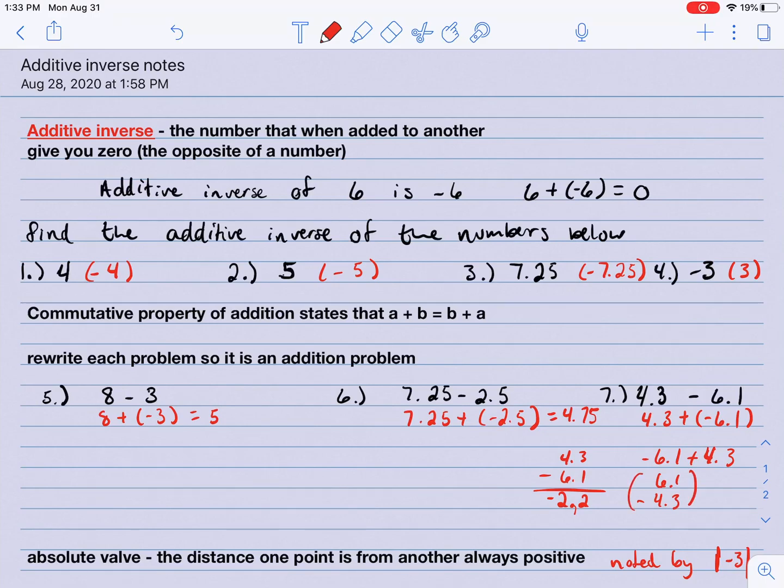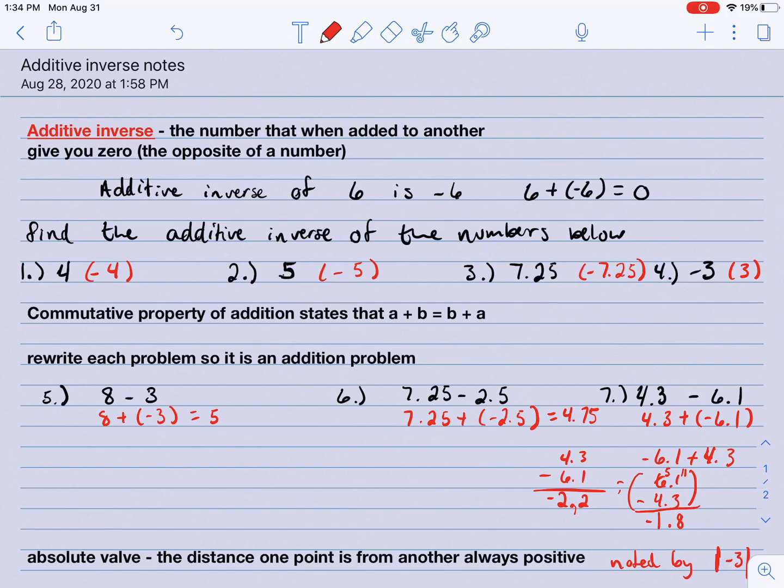And then our answer here will just be negative. So now if we do this, well, you can't do 1 minus 3. You have to borrow from the 6. This becomes 5. We now have an 11. 11 minus 3, that's going to give us 8. And then 5 minus 4 is going to give us a 1. And now we bring down this negative. And so actually 4.3 minus 6.1 would be negative 1.8.